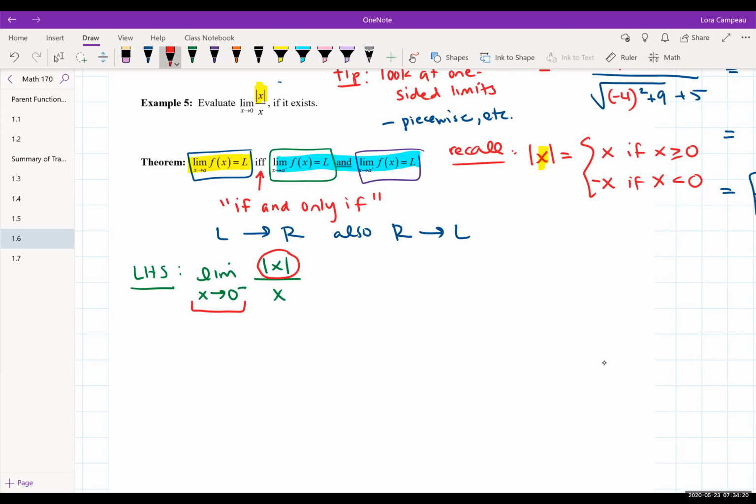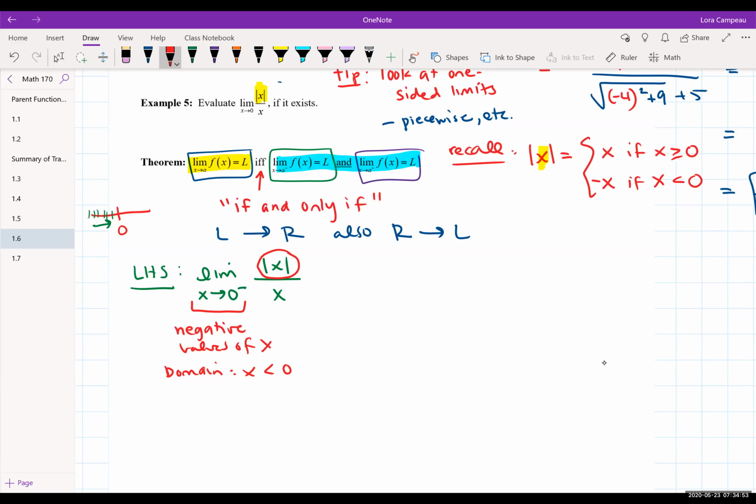Trying to find room for it on the page, but here, a quick little number line, here's a 0. If you're speaking about numbers on the left of 0 and approaching 0, you're actually speaking about negative values of x. And that would indicate that your domain for that particular explanation is x is less than 0.